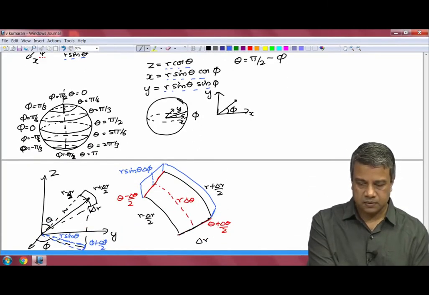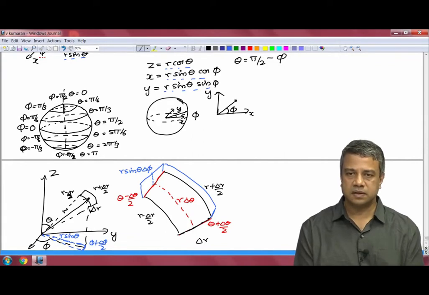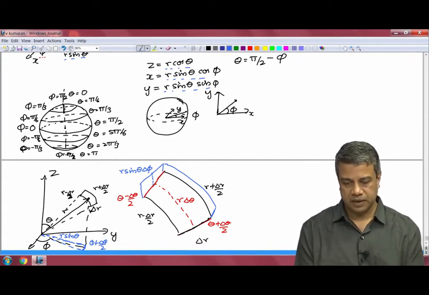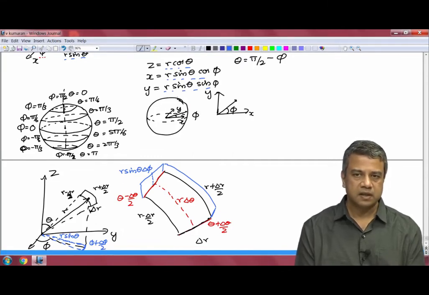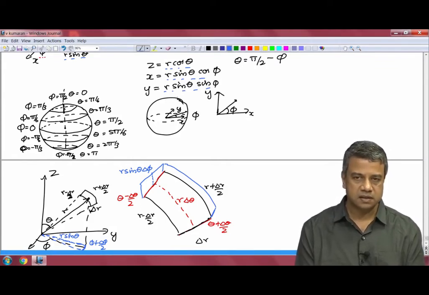And I had explained to you that the theta and phi coordinates are very similar to the geographic latitude and longitude. If you recall, for the geographic coordinate system, the north and south pole are at plus pi by 2 and minus pi by 2, and the equator is at 0.